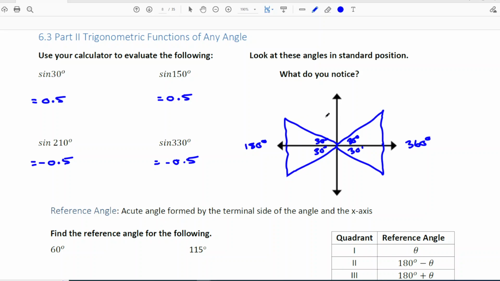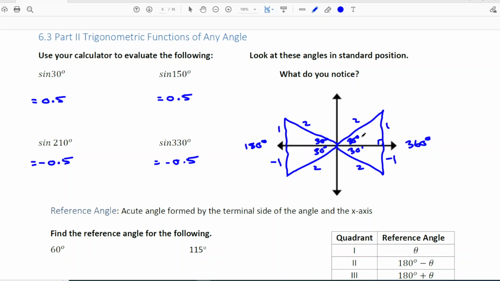Why? Because if I was to draw my special triangle, remember 30, 60, 90 was a 1, 2, root 3 triangle. The 1 would go opposite the 30 for every single one of these. Opposite is 1. Over here it would be negative 1. And then across from my 90 is always my 2. And the radius is always positive.